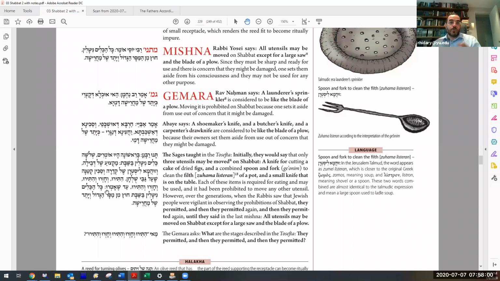So hitiru, v'chazru v'hitiru, v'chazru v'hitiru, ad shamru kol hakalim nitalim b'Shabbat. So how many times did they get together and decide leniency? We have once, twice, 3 times, and then yet a 4th time when they said this Mishnah, that everything is allowed except for the 2 big items, the plow and the big saw.